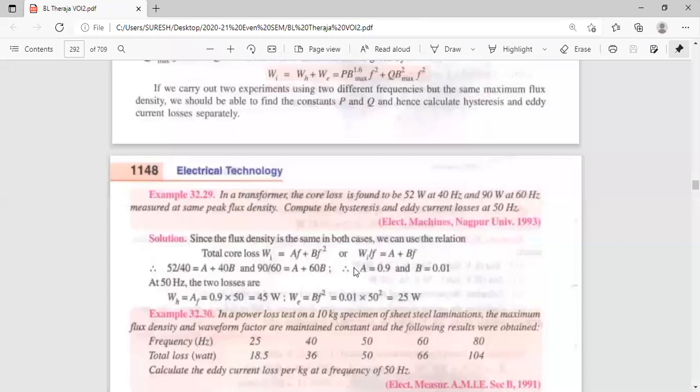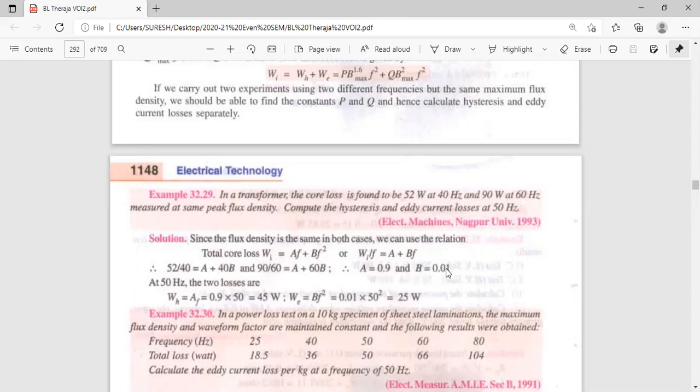Solve 1 and 2, and we will get A is equal to this much, B is equal to this much. Don't solve now, directly take the answer, because you should know the procedure. Afterwards you can solve at home.